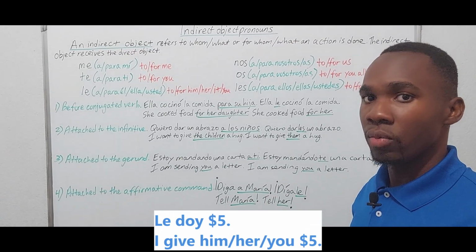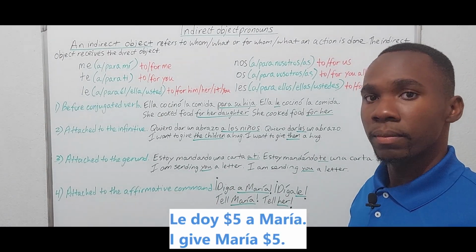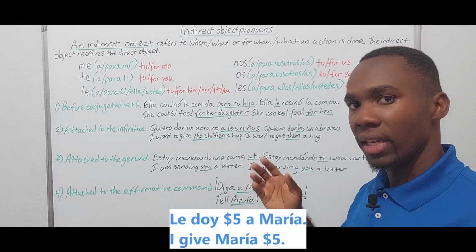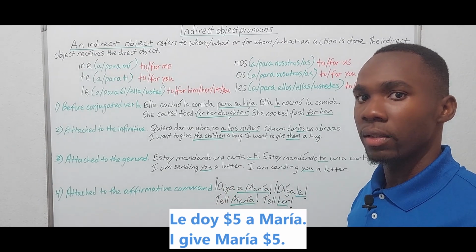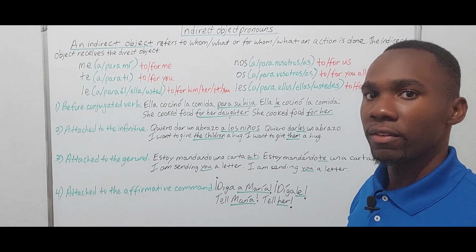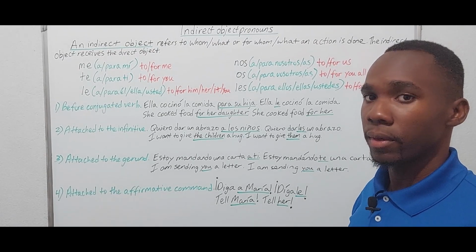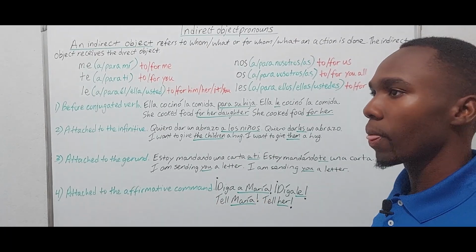So what would I do? I would add it at the end. So le doy $5 a Maria. So I give Maria $5, right? So that's something you have to bear in mind when it comes to indirect objects, right? Well, indirect object pronouns, right?